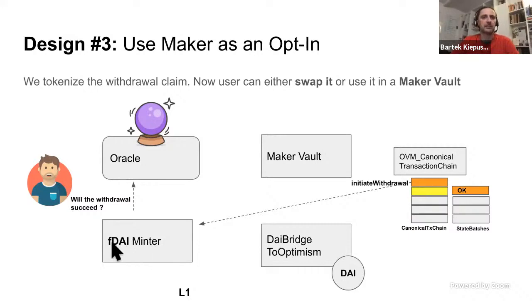F stands for forward DAI, and this represents a tokenized withdrawal claim. Think NFT, which says, I have initiated the withdrawal and I will get this amount of DAI in a week from the deposit contract, right?